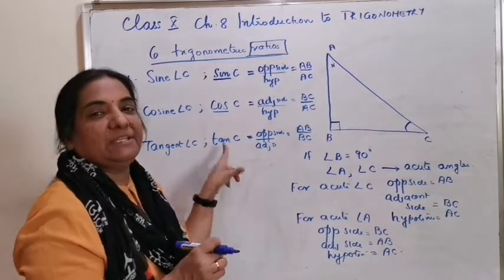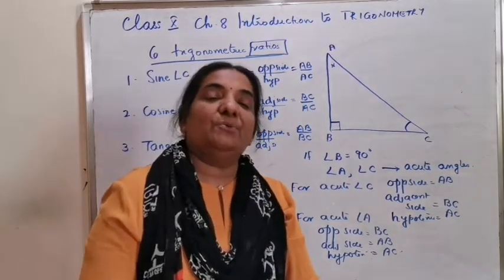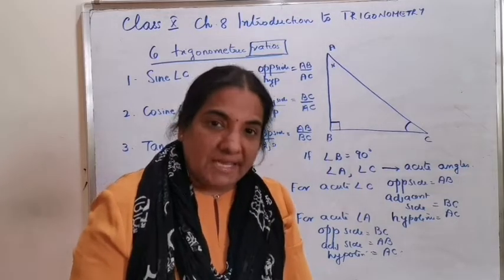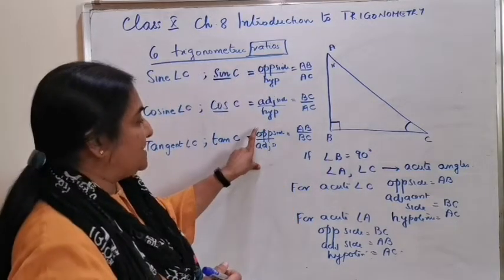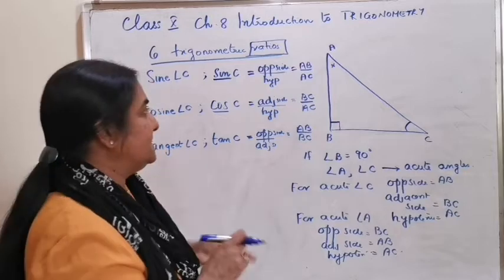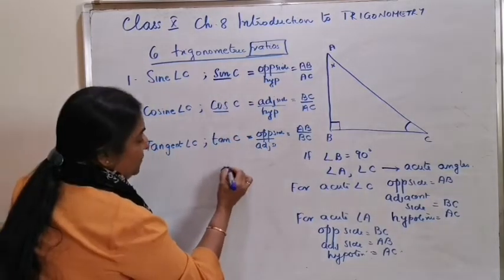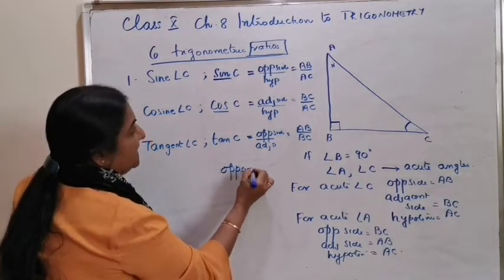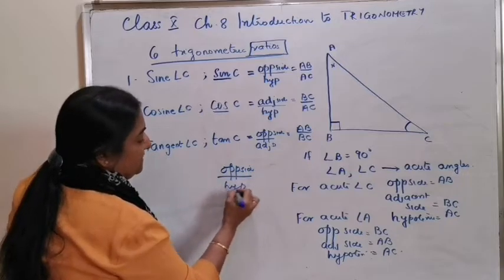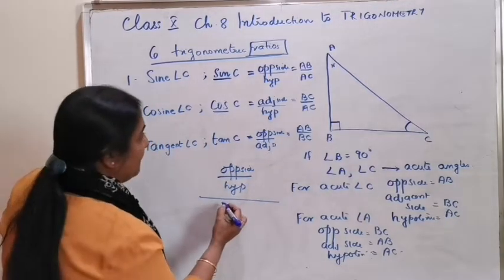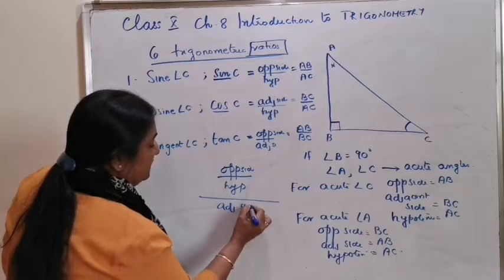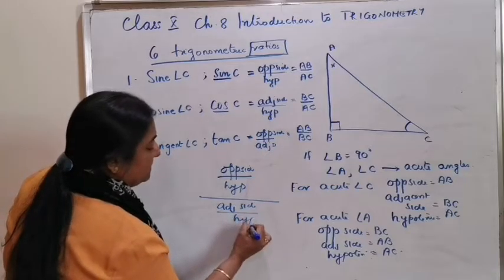What will be the operation you must have applied to get a ratio as opposite by adjacent, if you have taken opposite side by hypotenuse divided by adjacent side by hypotenuse?